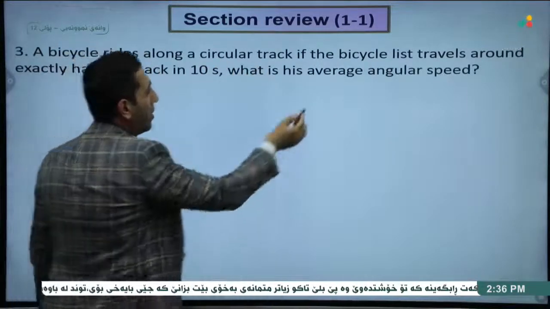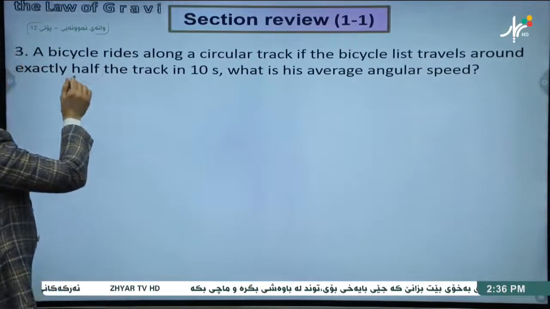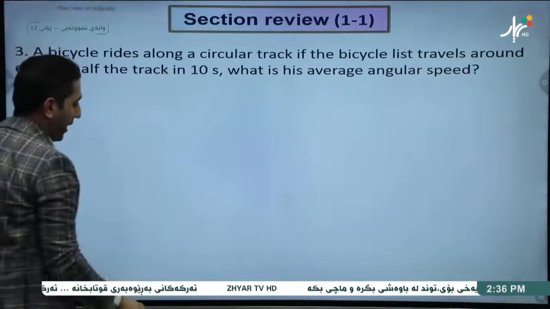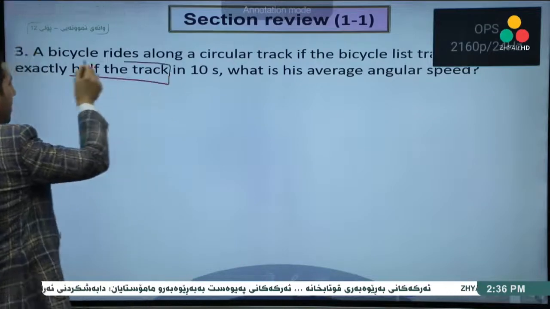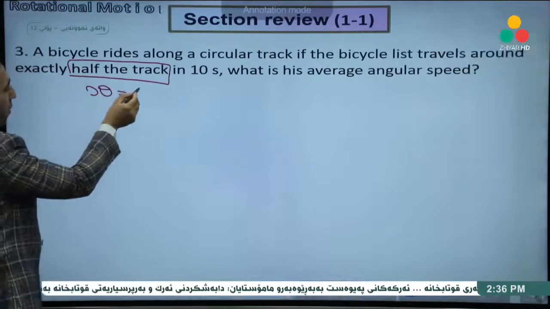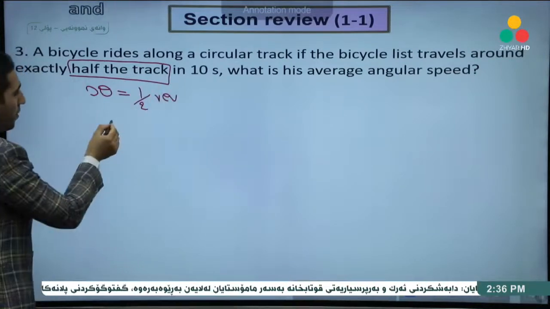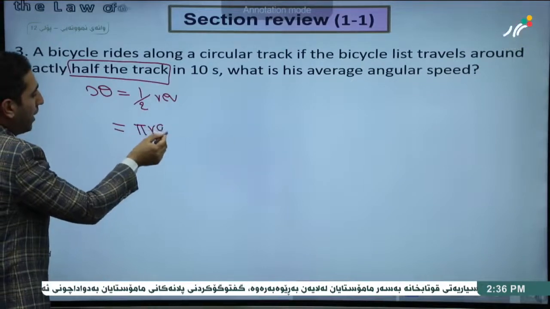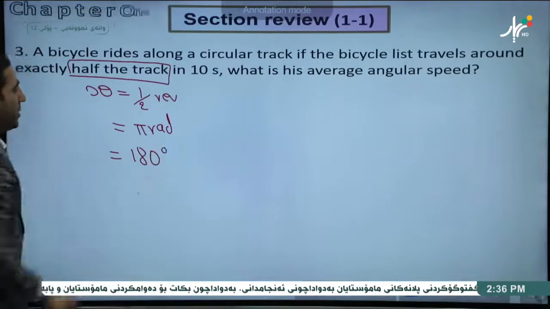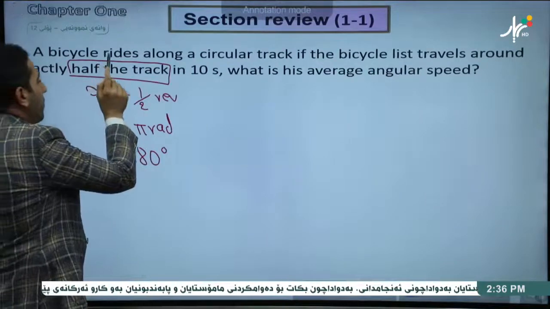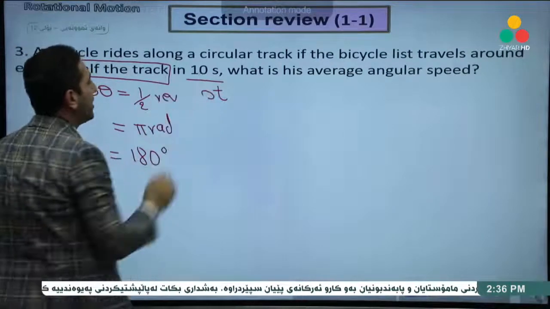If the bicycle travels exactly half the track in 10 seconds, it means that for half the track, delta theta is 1/2 revolution, equal to pi rad, equal to 180 degrees. Half the track in 10 seconds, delta t is equal to 10 seconds.